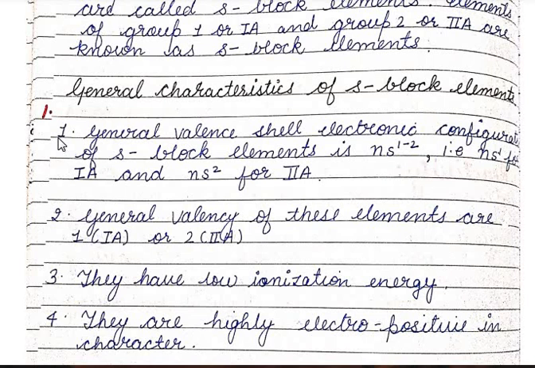Second, the general valency of these elements is 1 for first group elements and 2 for second group elements. Means the elements of first A generally have valency 1 and elements in second A group have general valency 2.